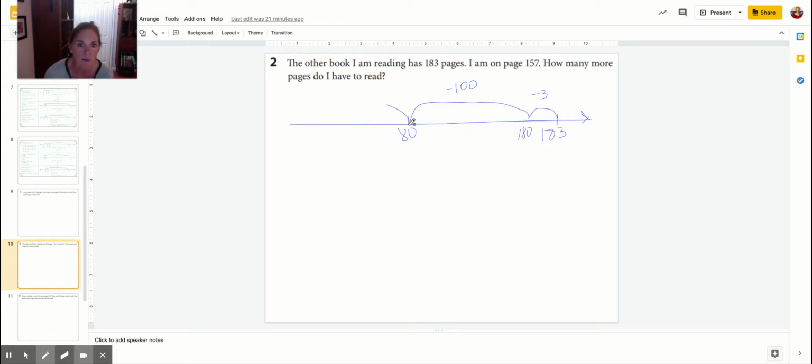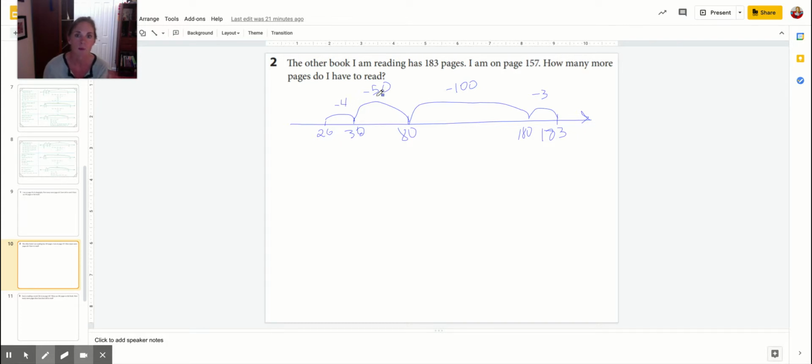So I have to take away 50. So I take away 50, get to 30. And then I only have 4 more to take away. So 30 minus 4 lands me at 26. Boy, Miss Carr is tired.